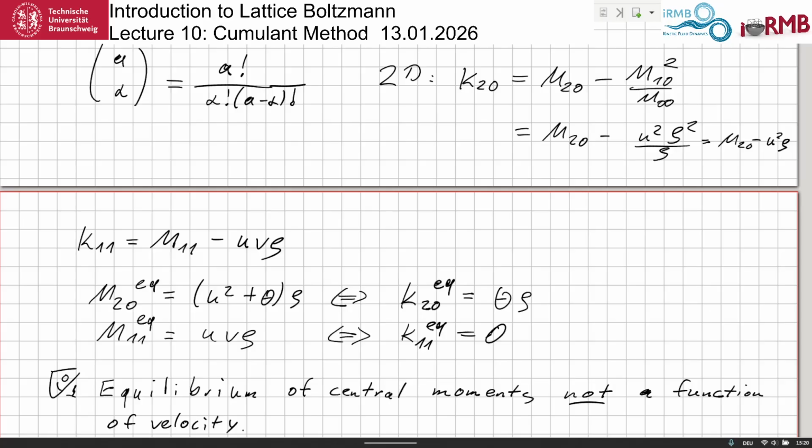So you are in a frame where your velocity is 0, so it cannot depend on velocity.